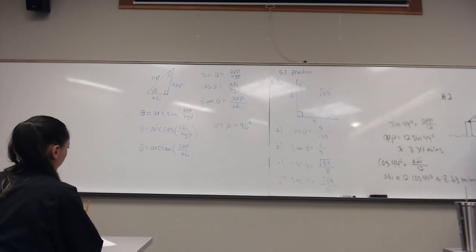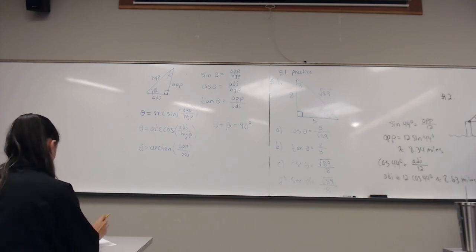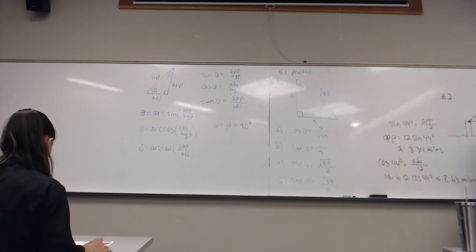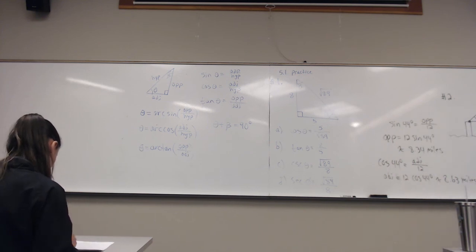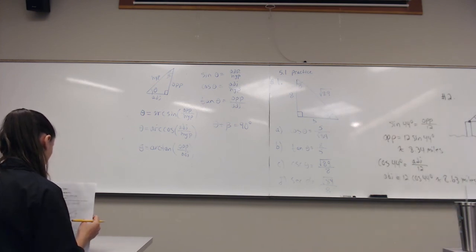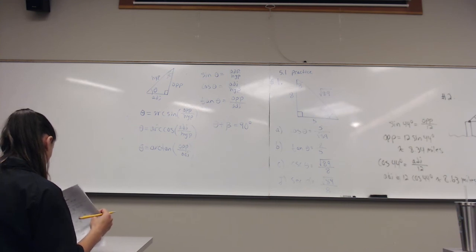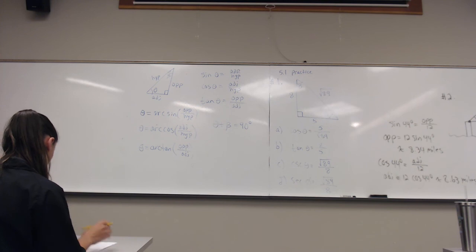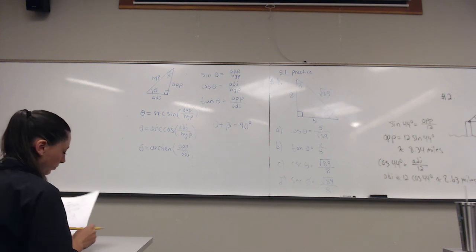So the adjacent side would be 8.63 miles east and 8.34 miles north of the dock. Okay. That would be our final answer. So at the final position, the boat is 8.63 miles east and 8.34 miles north.